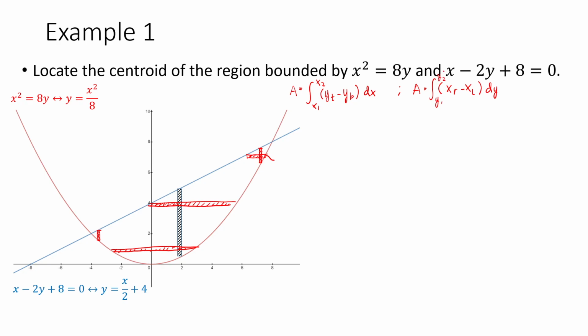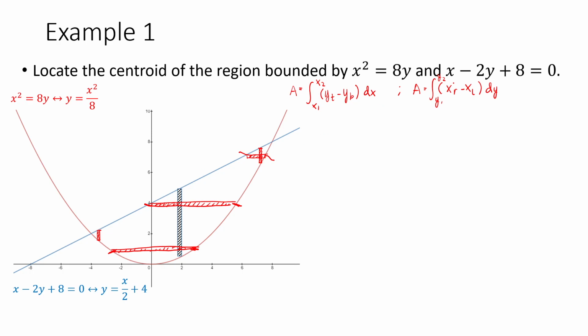So if we're going to utilize the horizontal strip, the right and the left portion must be consistent. The right portion is the red one, the left portion is the blue one. But at the bottom portion of the graph, the right portion is red, the left portion is red also.